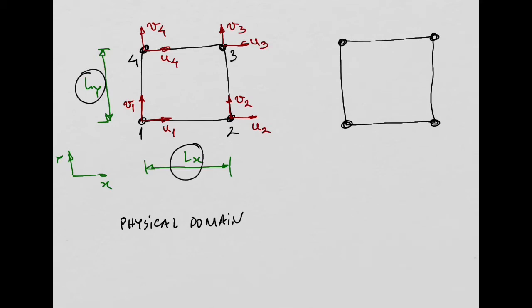This physical domain is given by the xy coordinates, right? Now here I will have again node 1, 2, 3, and 4, and I will call this the natural domain. Some authors call this the parametric domain. You can put here parametric.